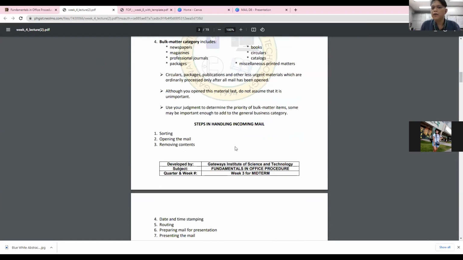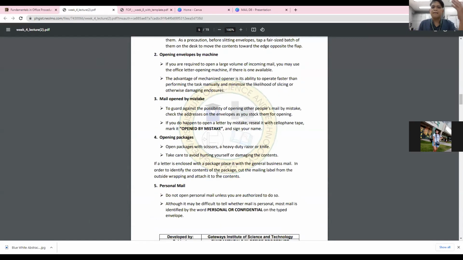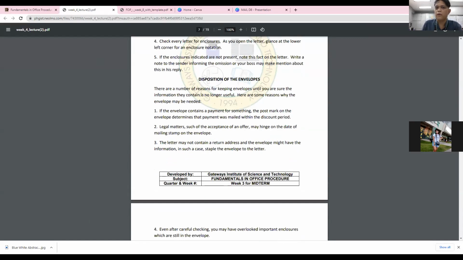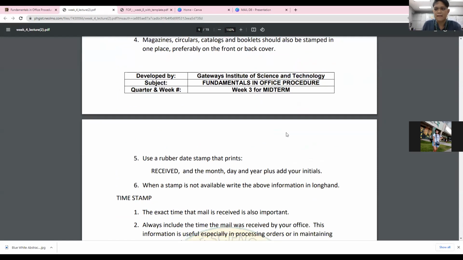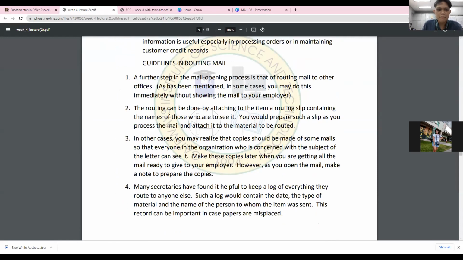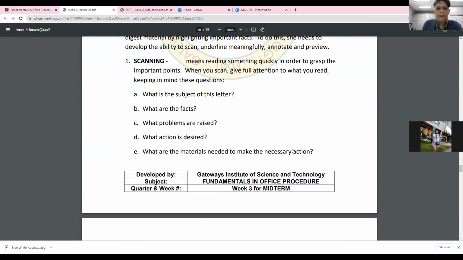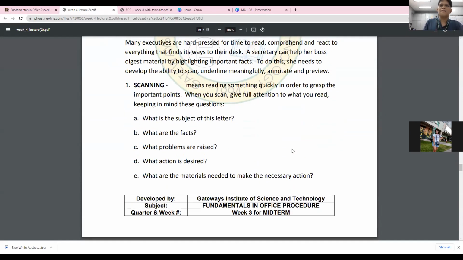Okay, ano yung mga kailangan natin na nasa isip natin when we are opening a mail? Number 1: what is the subject of the letter? If the letter is addressed to the manager or to some department, then ilalagay mo yun doon.